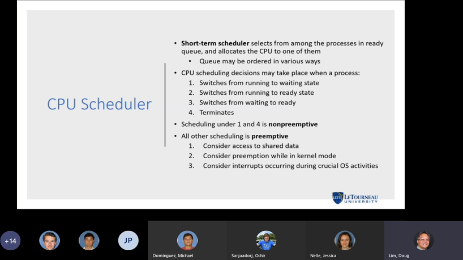That is another context switch case. Then switching from waiting to ready, which happens when an interrupt occurs saying my I/O operation is complete, and then we are switched back into the CPU to presumably handle the data from the I/O operation. And the last one is when the process has completely finished and terminates, which switches us to the terminated state.